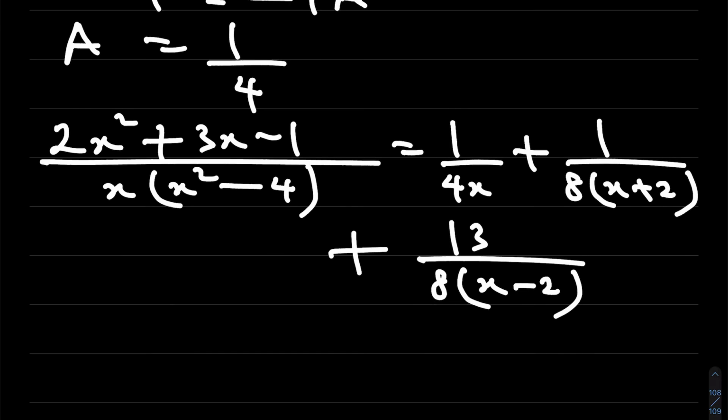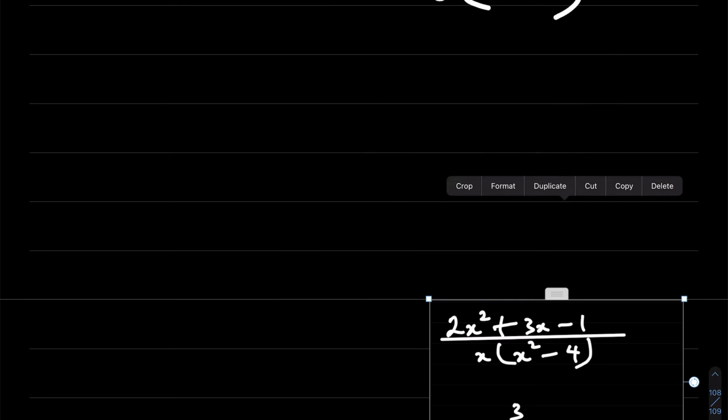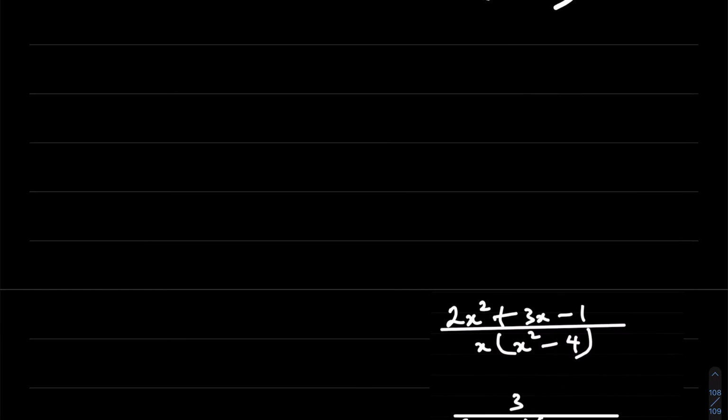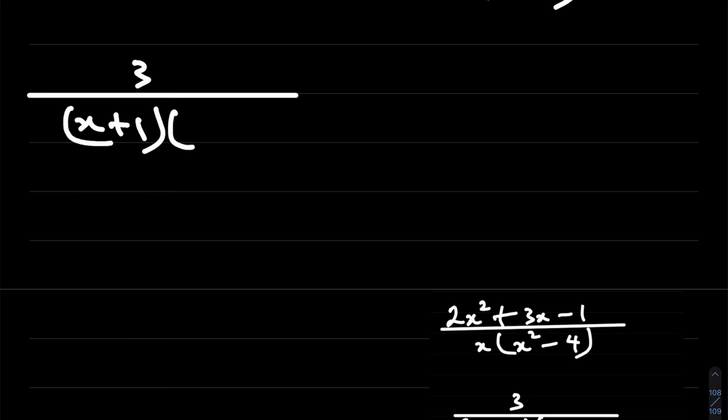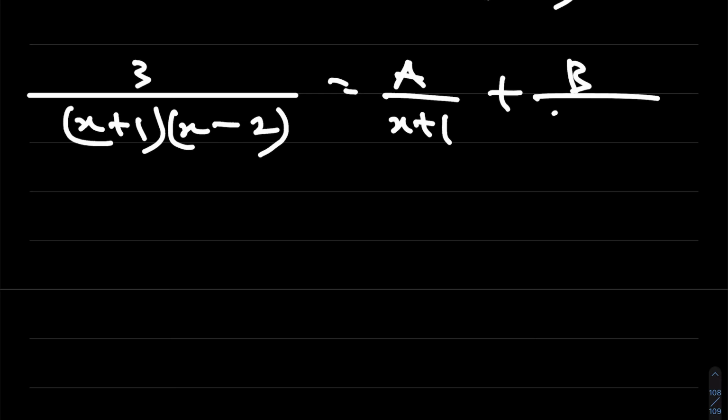Let's see the second one. What's the second one? Resolve 3 over x plus 1 times x minus 2. This is what we are resolving into partial fractions. This is very simple: A over x plus 1 plus B over x minus 2.